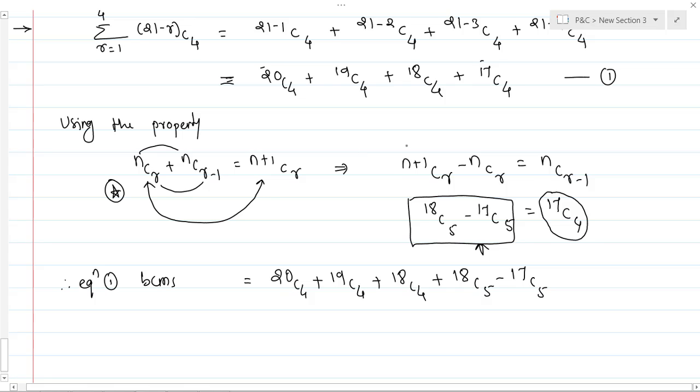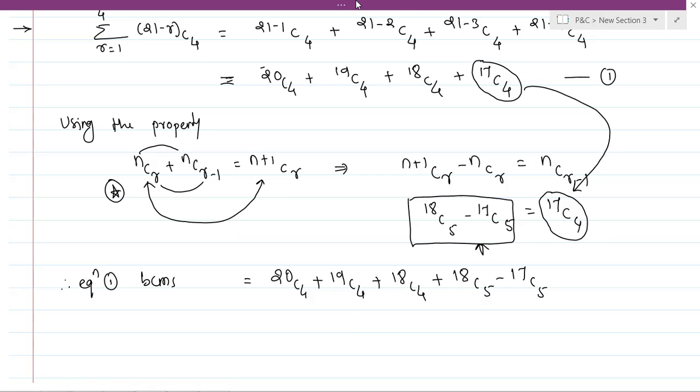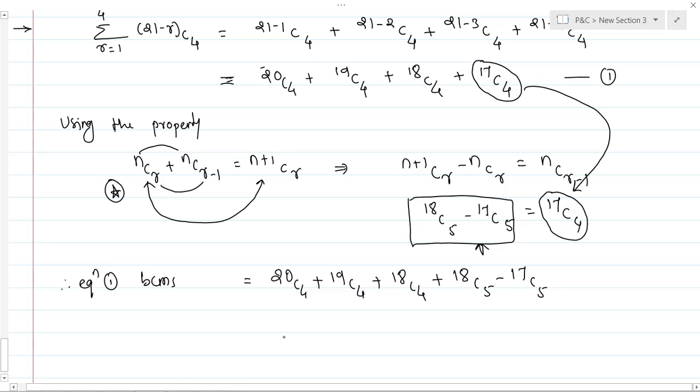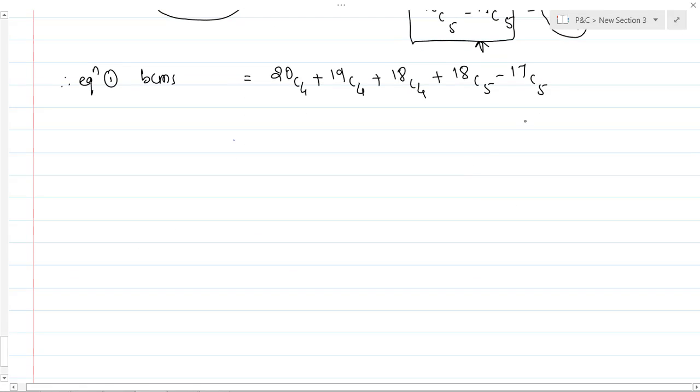That's why I have arranged this 17C4 in this way. Now this question becomes very simple, very straightforward. Using the property, you can tell me now what is 18C4 plus 18C5?